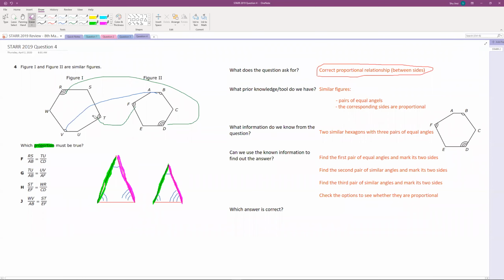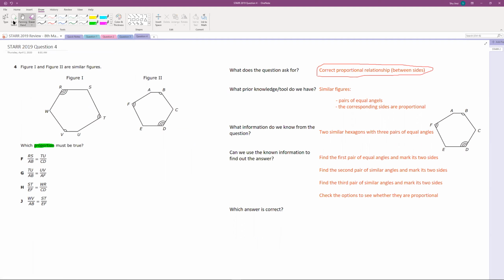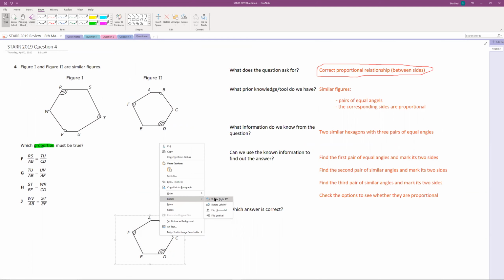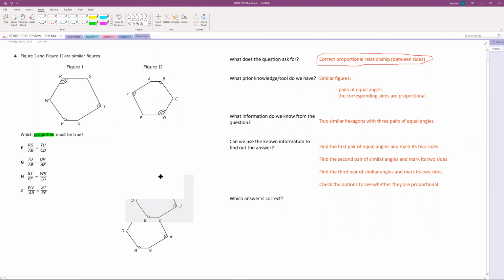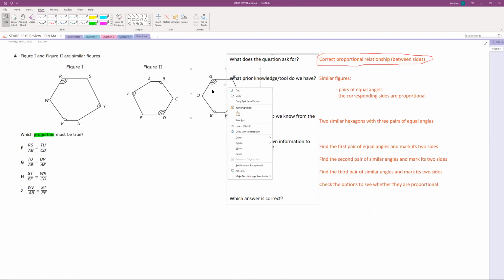As we can see here from the two hexagons, the equal angles are at different positions, and that makes it a little bit difficult for us to compare the sides. So what I'm going to do is move this one here, and rotate this so that I can move it.